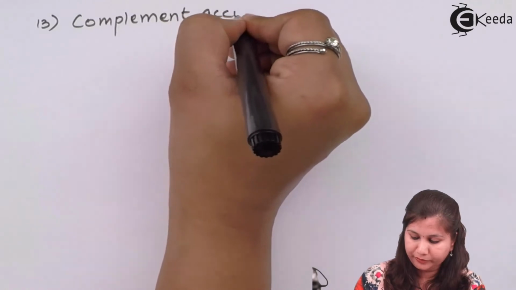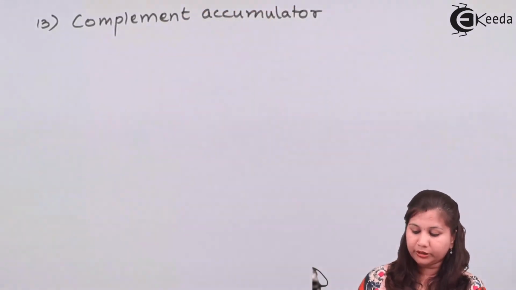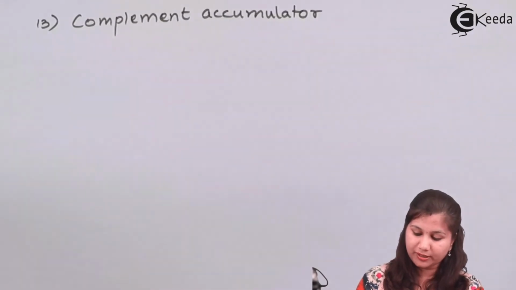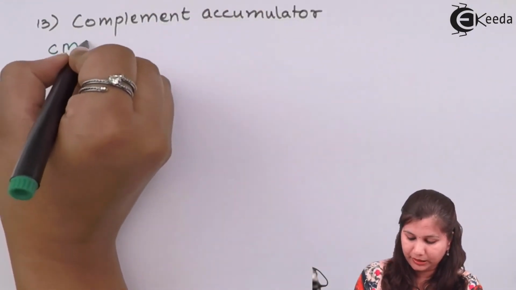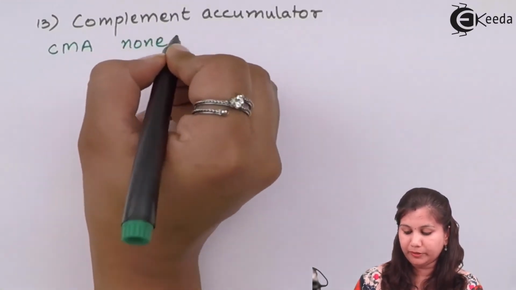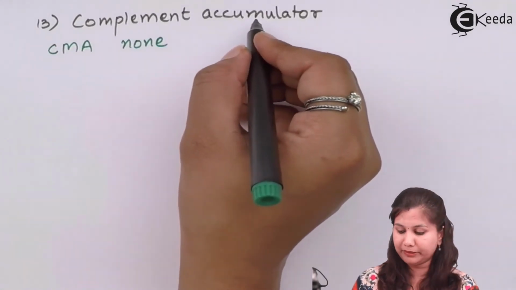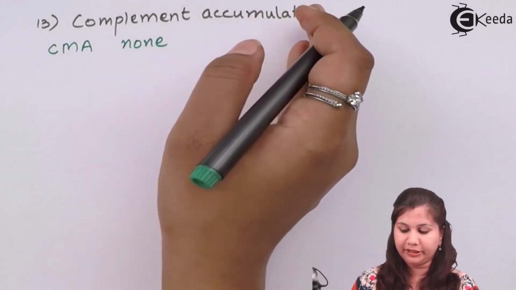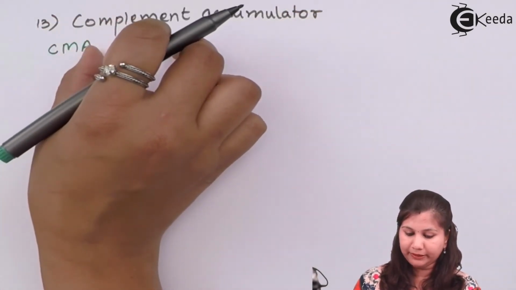Complement accumulator. The mnemonic for this instruction is CMA. Now here also we have no operand because the operand is specified in the instruction itself. It is implicit, that is the accumulator. So the contents of the accumulator are complemented.